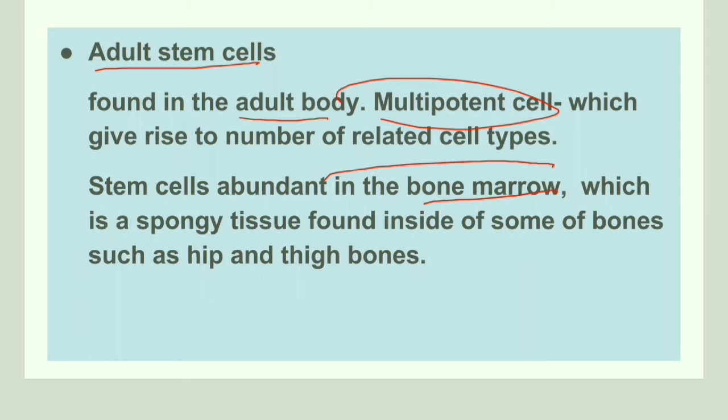The bone marrow is a spongy tissue that is found inside some bones. These are the hip and thigh bones. So inside the hip and thigh bones, a spongy tissue is present. This tissue is known as bone marrow. This bone marrow is abundant with stem cells, that is, the adult stem cells.